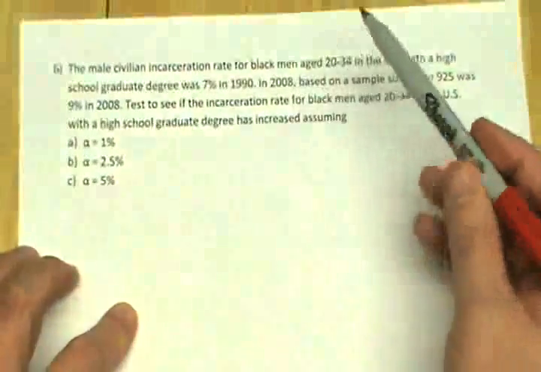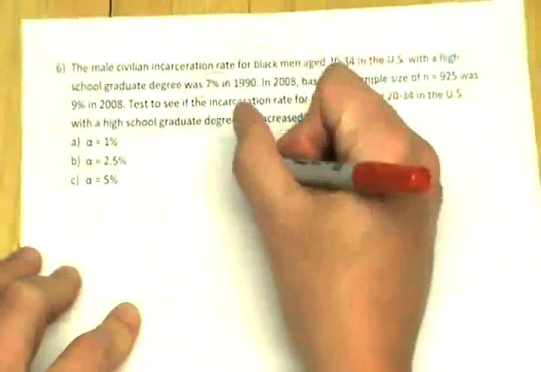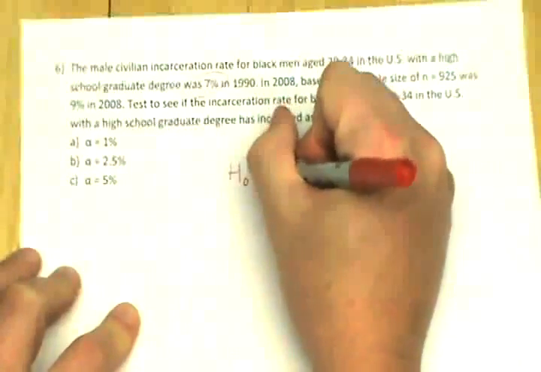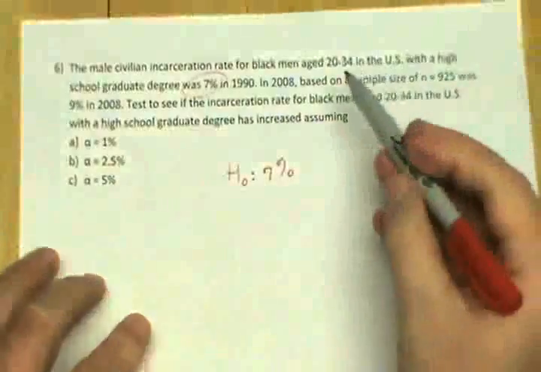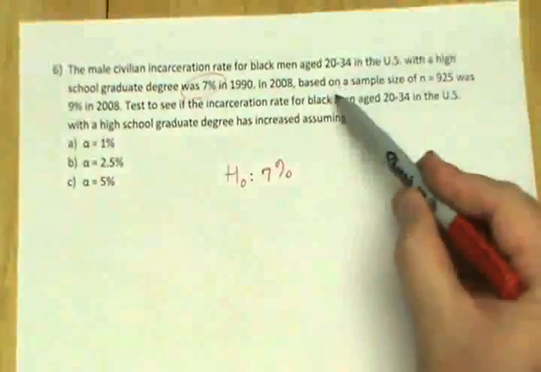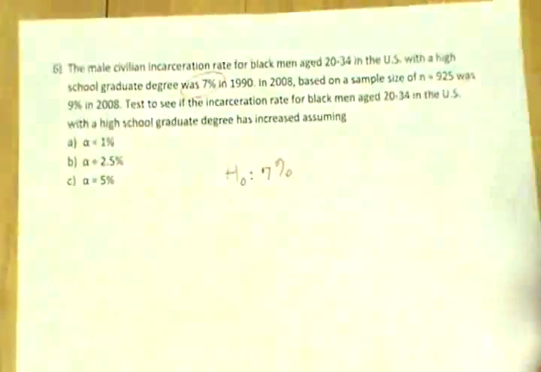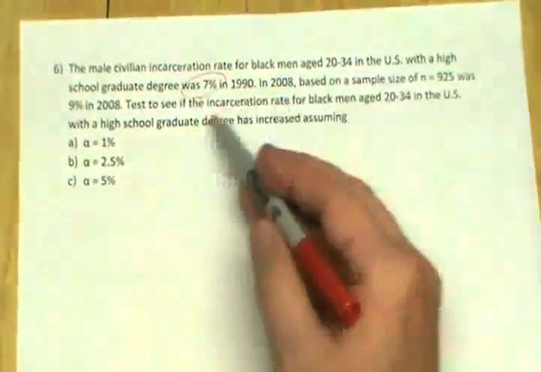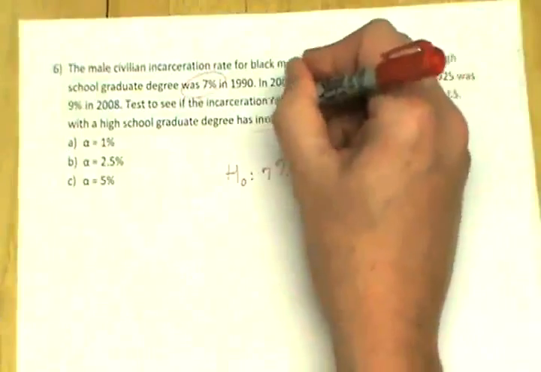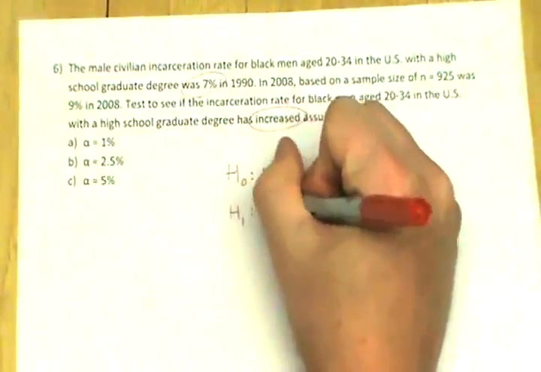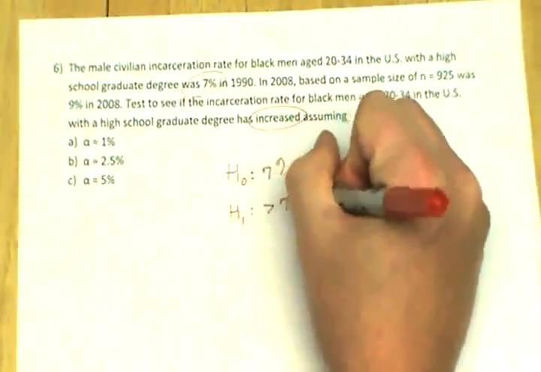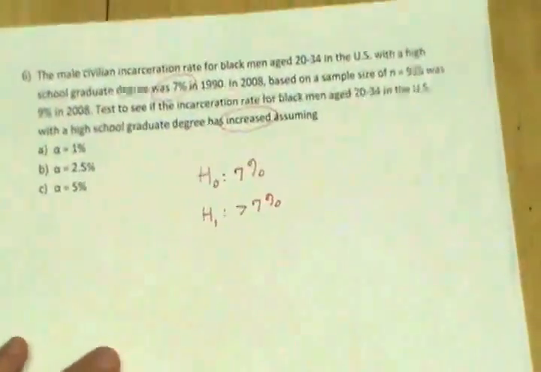In 2008, so this is what was stated, so that's our H0, 7%. In 2008, based on a sample size of 925, it was 9%. Test to see if the rate has increased. So there's our alternate. Has it gone up from 7%? So it's a right tail test.